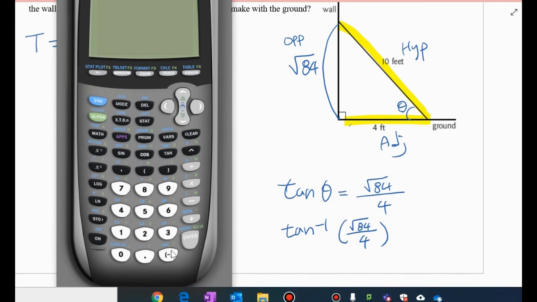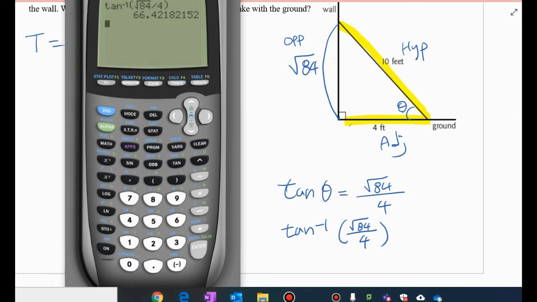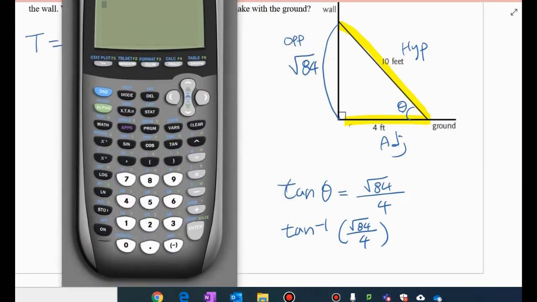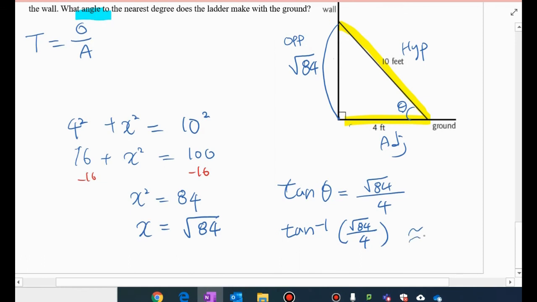Inverse tangent of square root of 84 divided by 4, and that is 66.42. So theta is 66.42. It's asking nearest degree, so we say that is 66. Theta is 66 degrees.